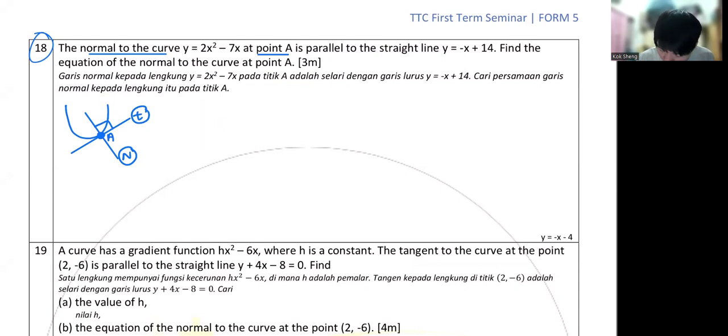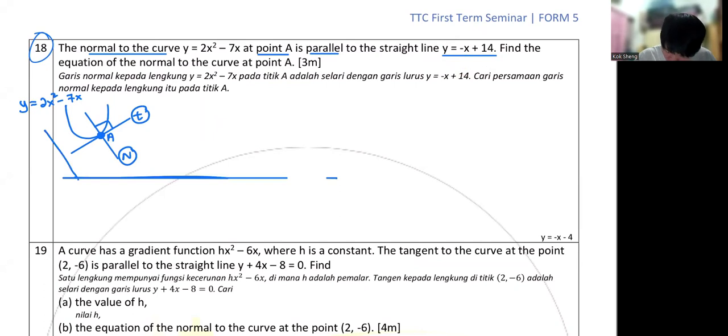Okay, I copy the equation here first. This is y equals to 2x squared minus 7x. Okay, the first part of the sentence, continue. This normal to the curve, right? Normal to the curve here is parallel to the straight line -x plus 14.